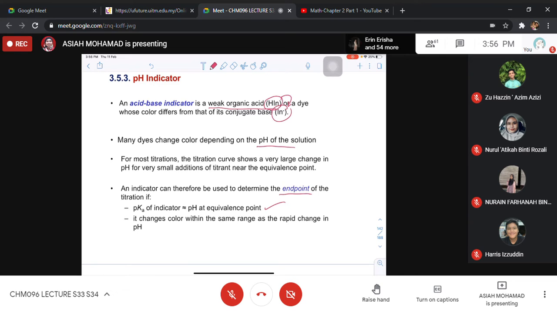So let's say we already predict the pH of the equivalence point of our titration. We choose the one having a pKa value approximately equal to the pH at the equivalence point of our titration. So it changes colour within the same range as the rapid change in the pH.